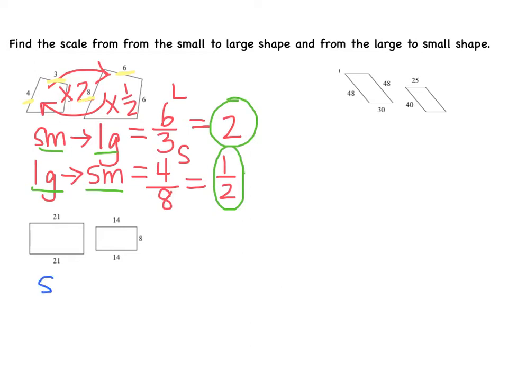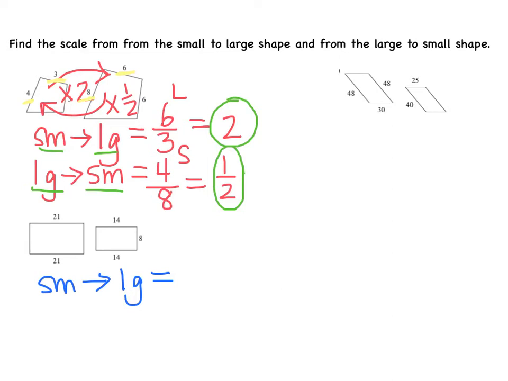So let's talk about the scale factor from the small to the large shape. So think about whether, if you're going from small to large, your scale factor has to be bigger or smaller than 1. Remember, it has to be bigger than 1. We are going from small to large, so we need to multiply by something larger than 1.